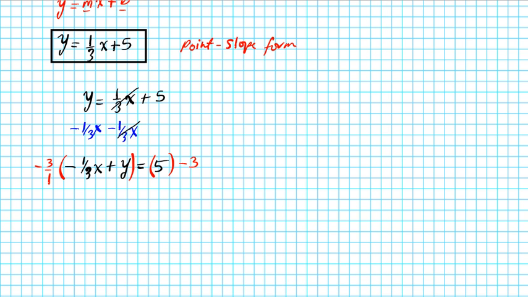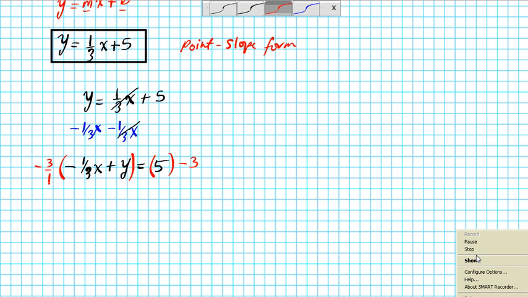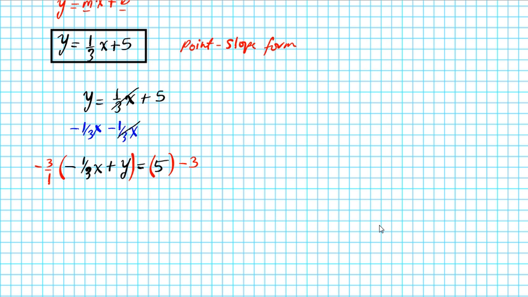All right, so if I distribute it, what am I going to get? I'm going to get 3/3 x, minus times minus, you just slash and dash, is plus.